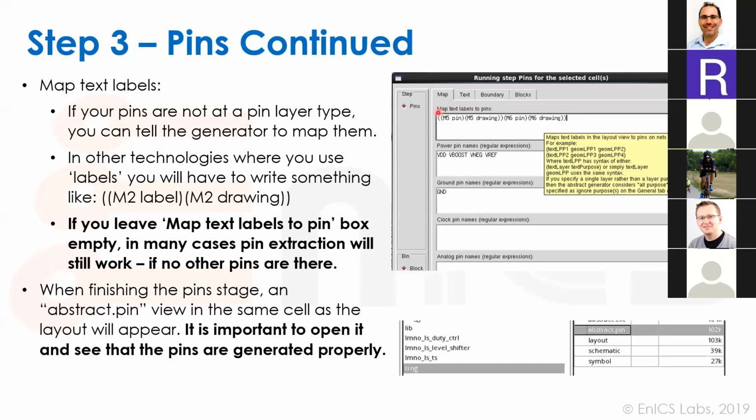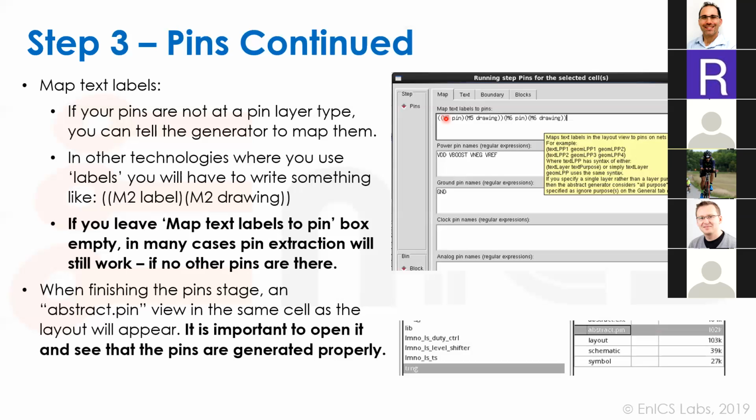After we run this stage, we can open the abstract.pin view that is opened in our library manager and see that everything that was M5 drawing or M6 drawing is now a pin. This is important to see that all the stripes are actually the pins we want.